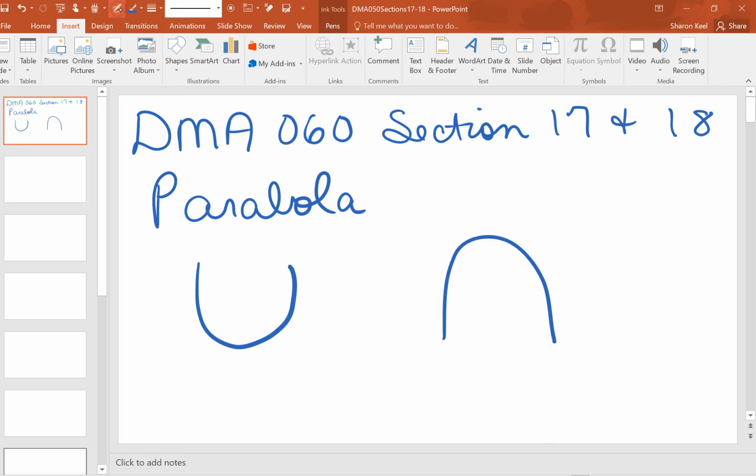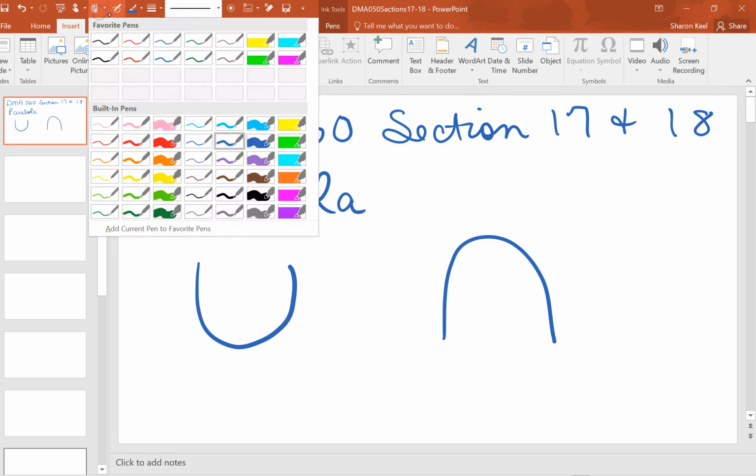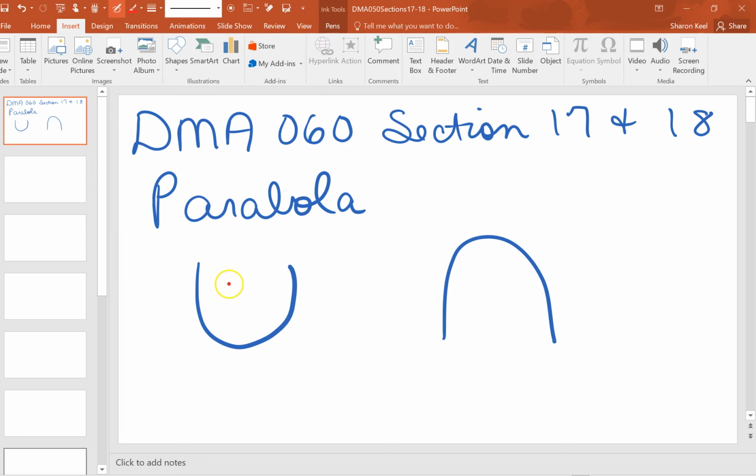So when we look at a parabola, the one here on the left is opening upward. The one on the right-hand side is opening downward.